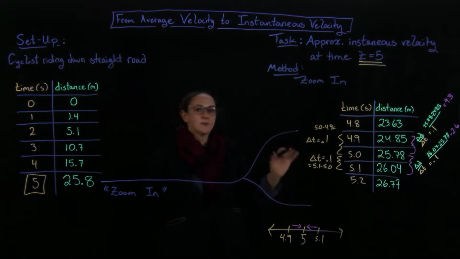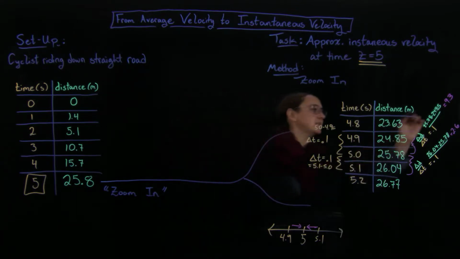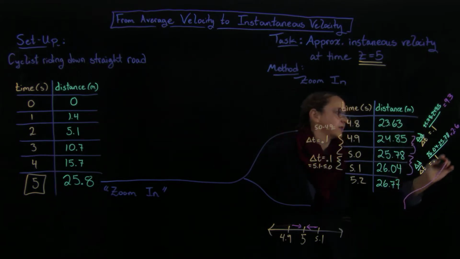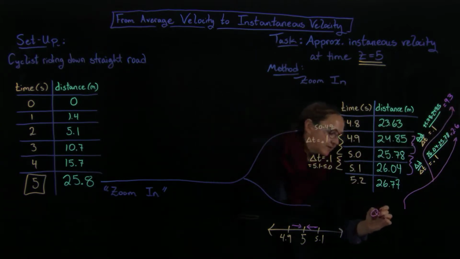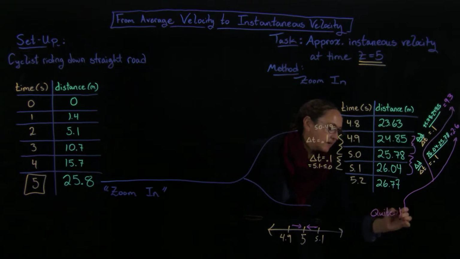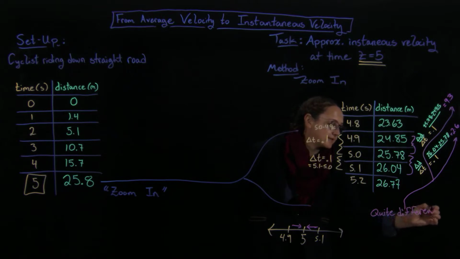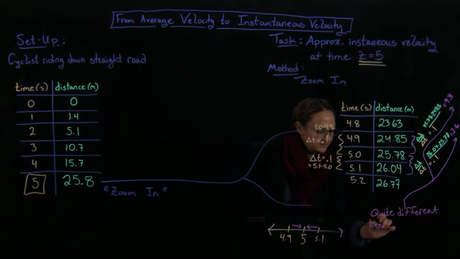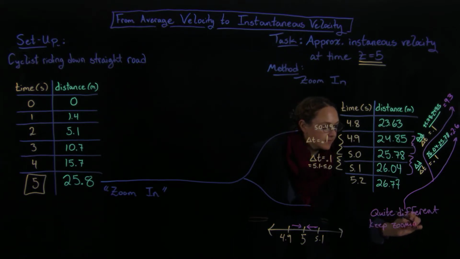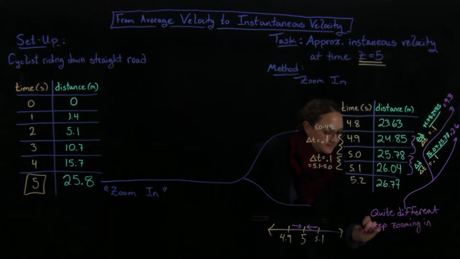Right now these are quite different, so we're going to want to keep zooming in. We can zoom in until they're as close as we want, as long as our function is nice enough.